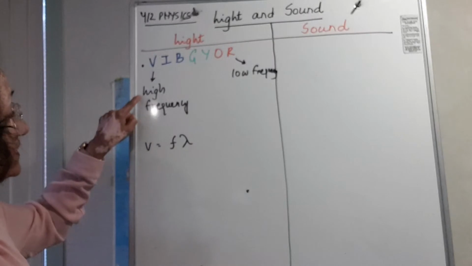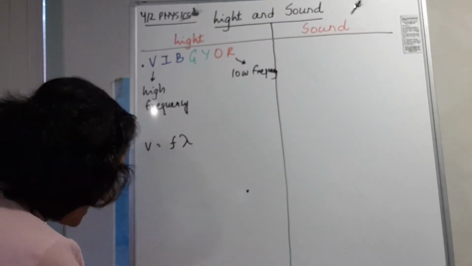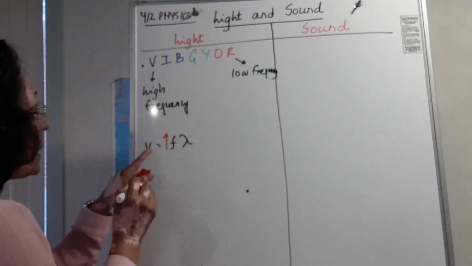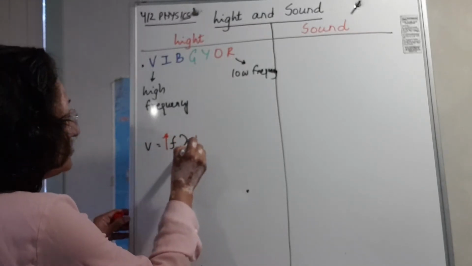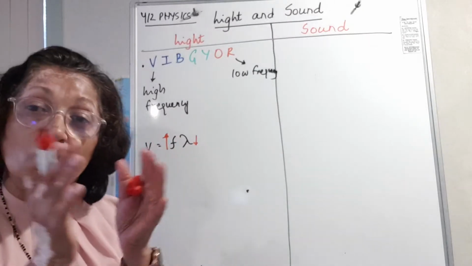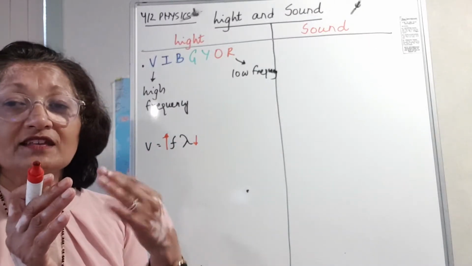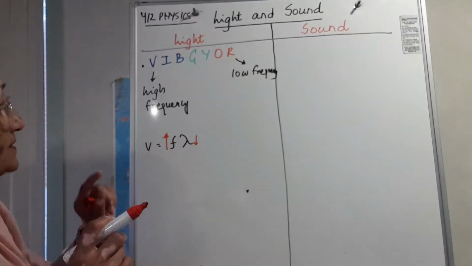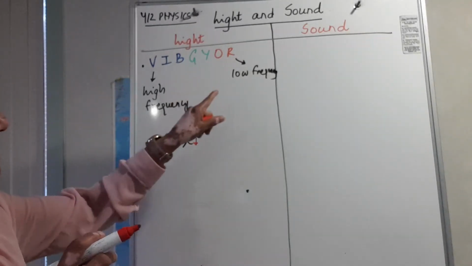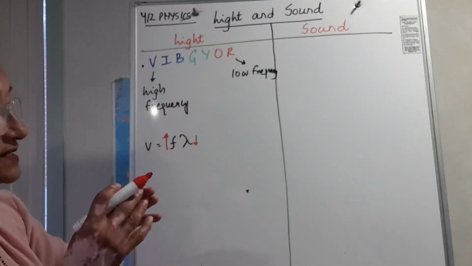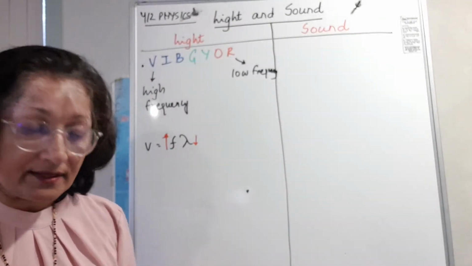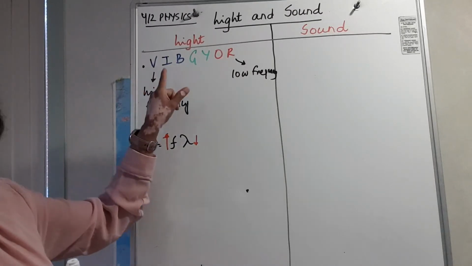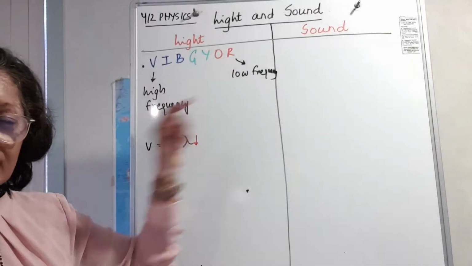If the frequency is high, the wavelength is low. So blue has a high frequency but a smaller wavelength, meaning more of them fit into the same space, or more go past a point in 1 second. That's the meaning of frequency. Red light has a lower frequency but a longer wavelength. So the color of light depends on its frequency.